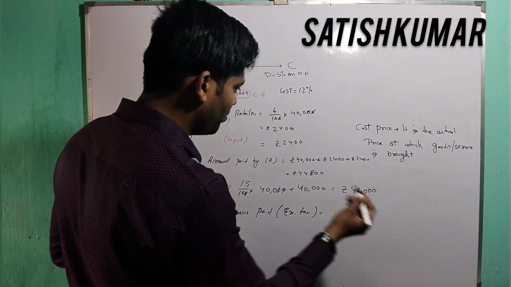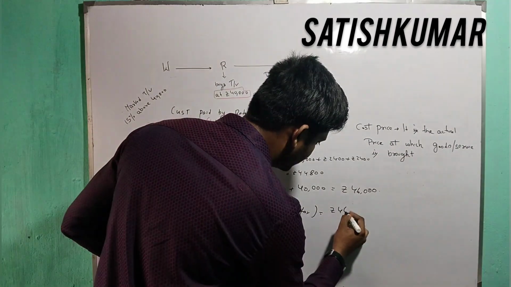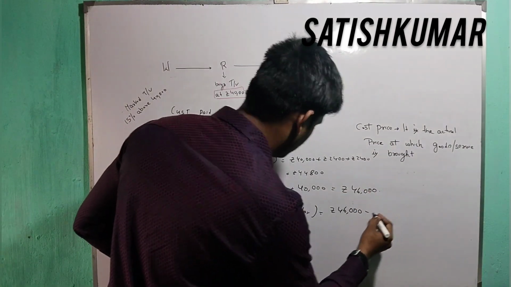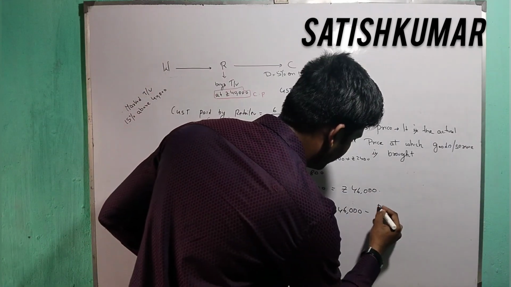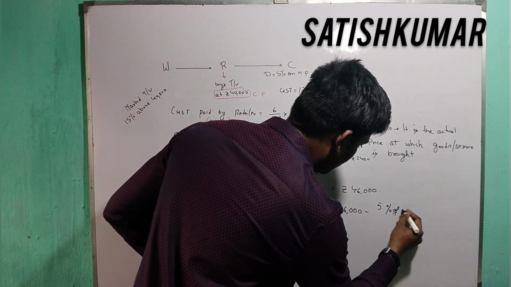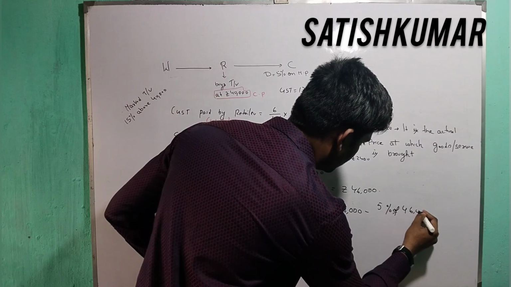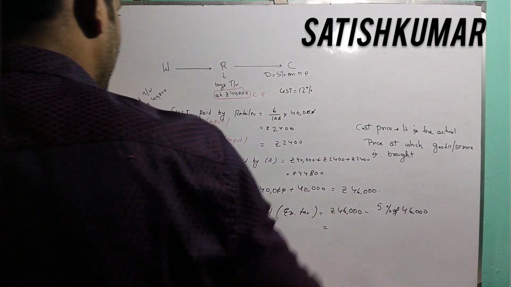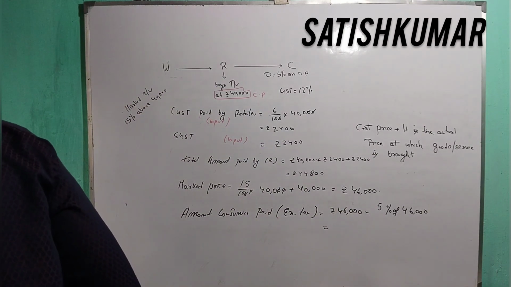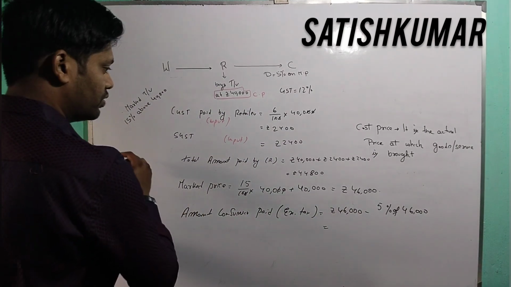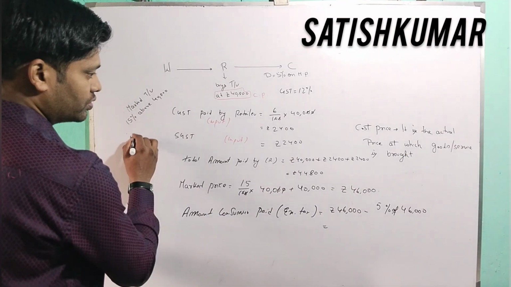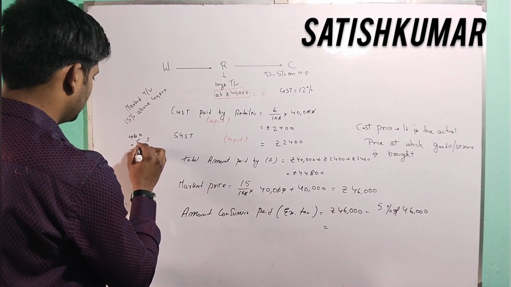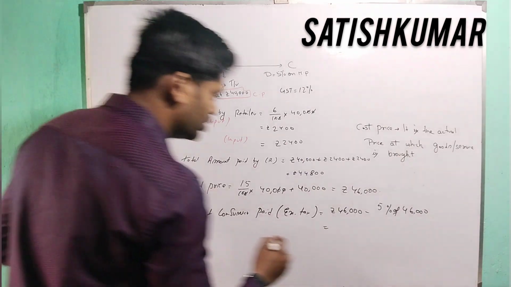So rupees 46,000 minus 5% of 46,000. 460 into 5 is 2300.